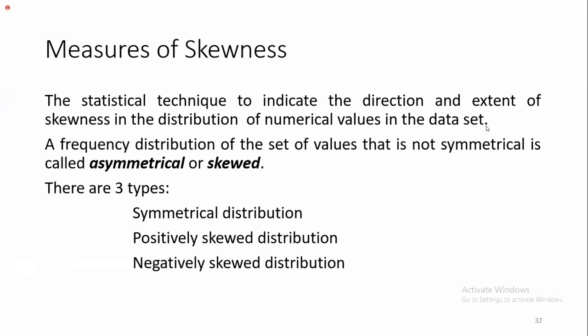Okay, let's say we have a data set, and that data set is numerical. That means we have quantitative data, not qualitative. For those quantitative data, we can draw a histogram. I taught you how to draw a histogram for a particular data set.